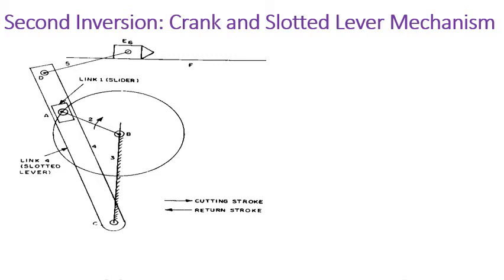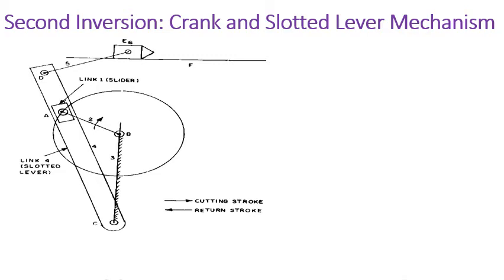The crank AB rotates about a fixed center B. The end A, having the form of a sliding block, fits the slot in link CD. So this is the slot, link CD is the slot. Therefore it is called a crank and slotted lever mechanism.